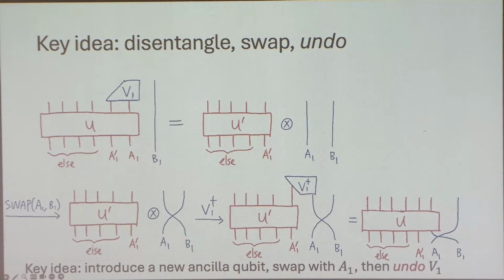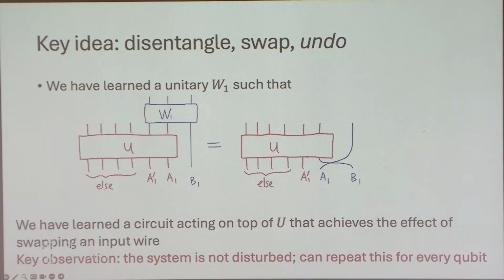Okay, so why is this helpful at all? If we want to summarize what's going on in this entire procedure, this is what's going on. We basically have learned a small circuit W1. It acts on top of U together with some new wire.